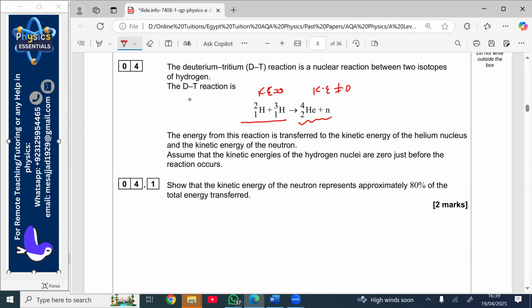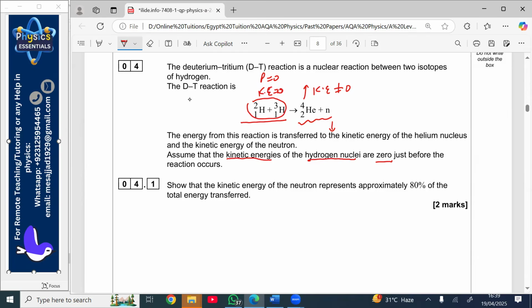and they're moving in opposite directions just to conserve the momentum. Okay, because here momentum is also zero because they are at rest, so kinetic energy is zero, but momentum is also zero, and after that they are moving. They have some kind of non-zero kinetic energy. Assume that the kinetic energies of the hydrogen nuclei, I mean their fusion is giving them the kinetic energy, okay, which was actually zero before.